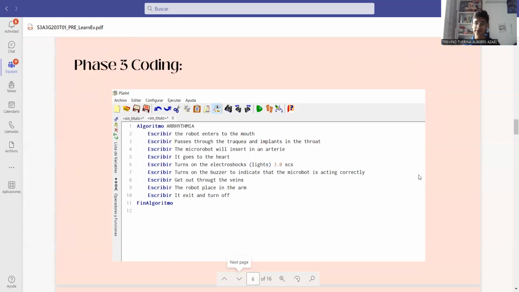As you see, the whole tour is in the coding, and all the actions or things are right here.